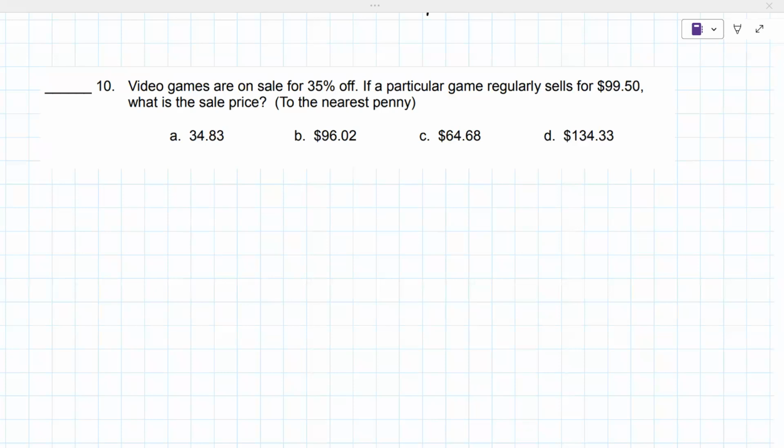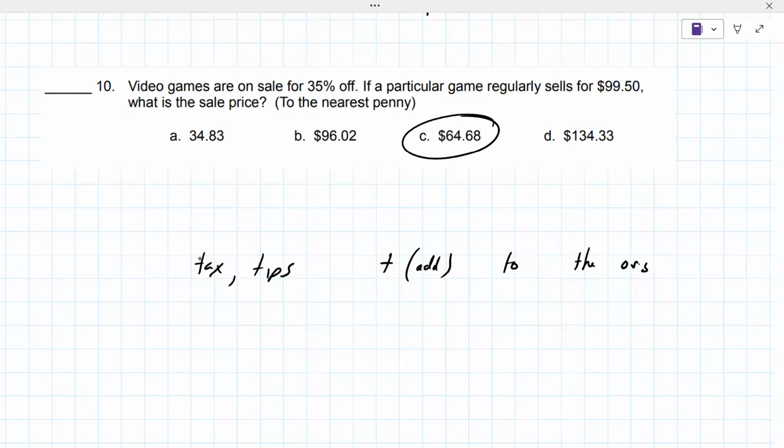C. Yeah. So that's one type of percentage problem that you might see. The other is like tax and tip. These add to the original price. Okay, actually, let me see.